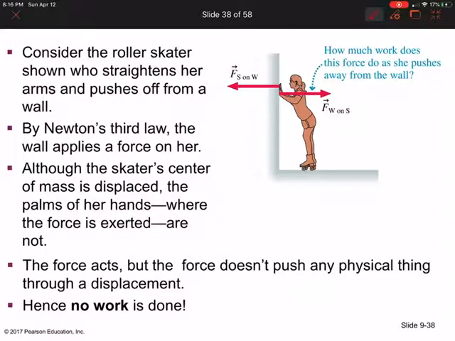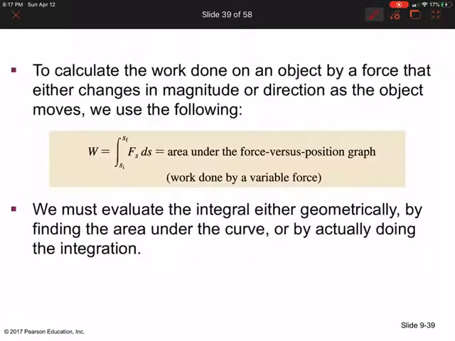So her palms are not displaced. So because of that, at that point the force acts, but the force doesn't push any physical thing through a displacement, so no work is done.